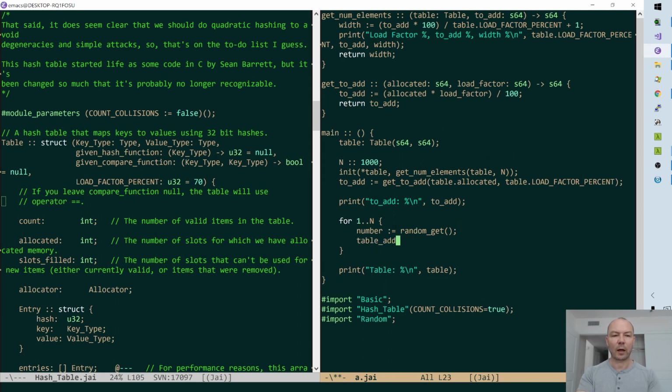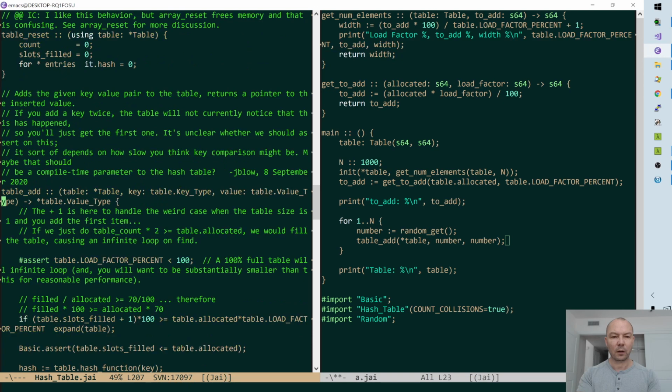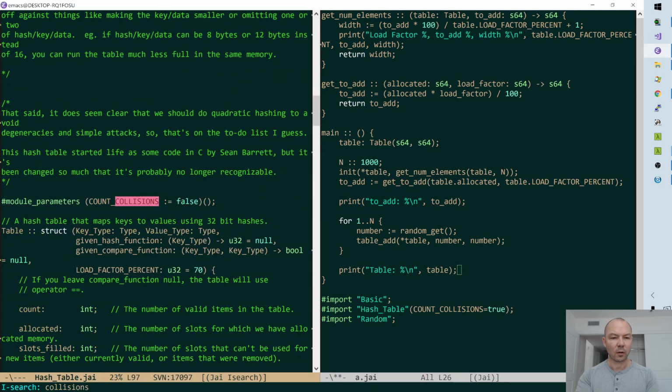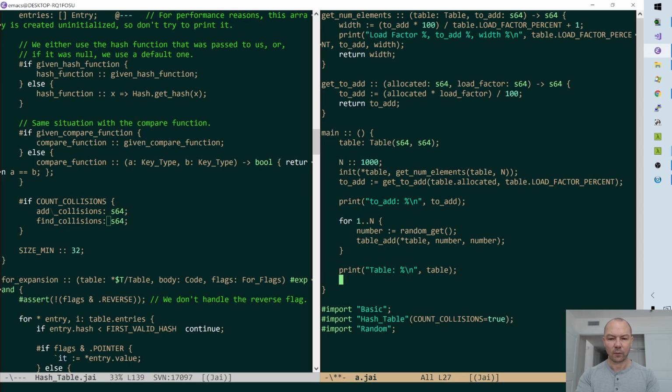So I'm going to go table add, table number, right? Yeah, key value. Yes. So we're just going to add this many things. And then we'll print the collisions that we counted.